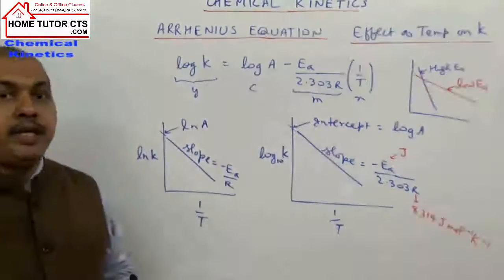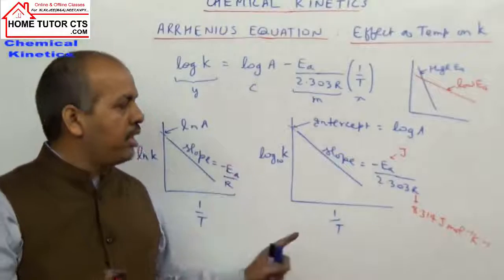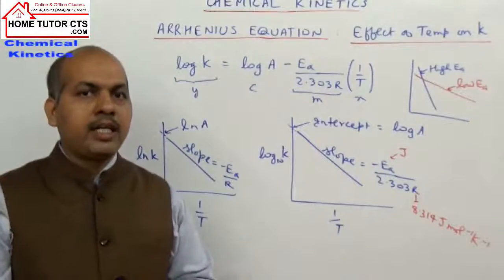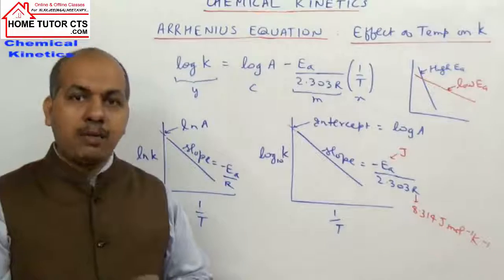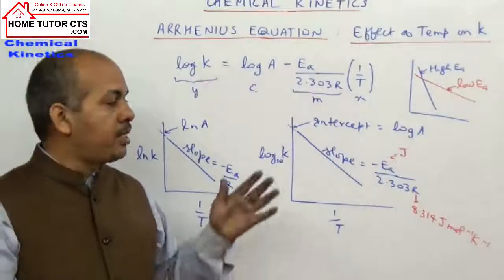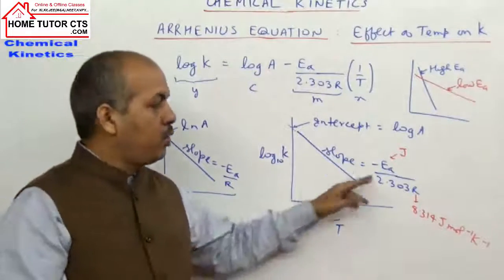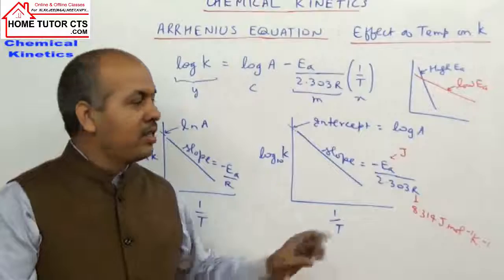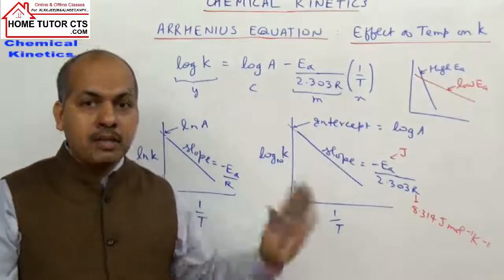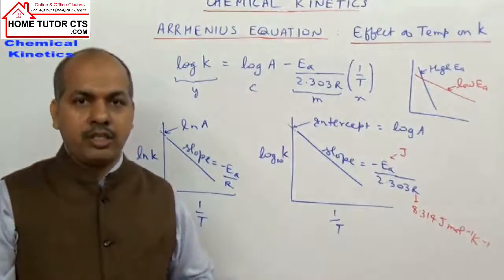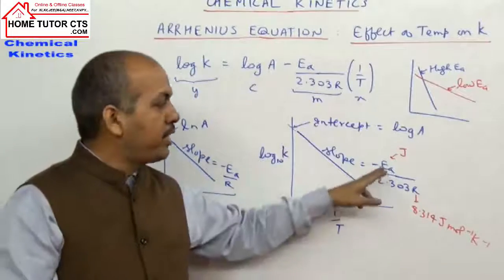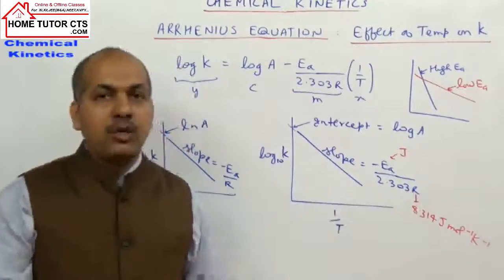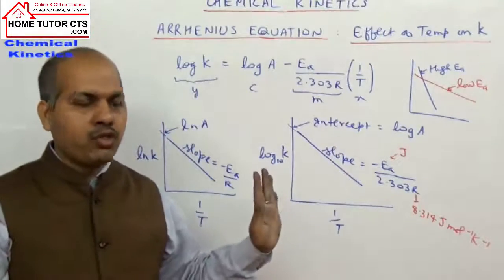About units, be careful. Students make a very common silly mistake with the value of R, and you should not make that silly mistake. Be smart, don't be silly. R and energy must be taken in the same units, either both in joules or both in calories. If we take calories, then R is 1.97, but we take 2 for doing questions.